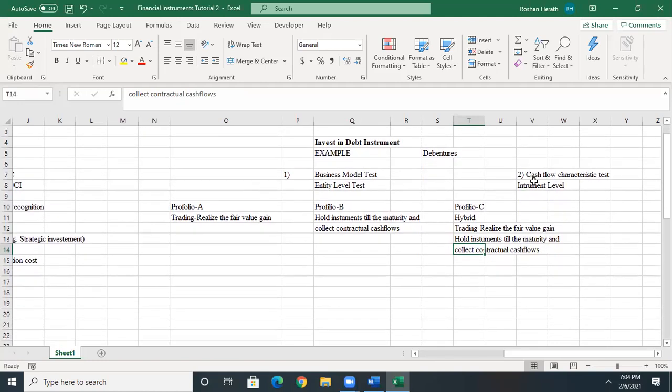Then you are coming to the second test. The second test is what we call the cash flow characteristic test.